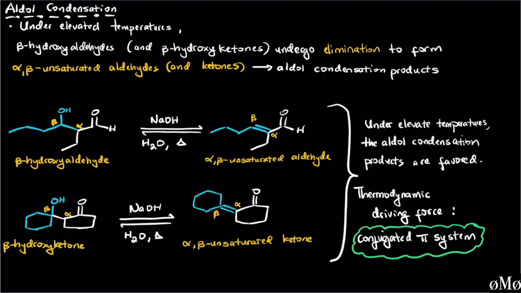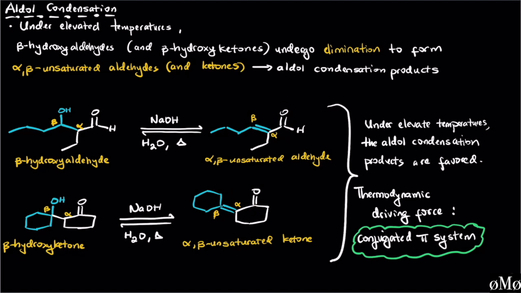It's important to note that regardless of if you started from a beta-hydroxy aldehyde or a beta-hydroxy ketone, this reaction is pretty thermodynamically favored under elevated temperatures. The driving force here is that in both of these systems, you've now created conjugated pi systems, which further stabilize the products you've formed.